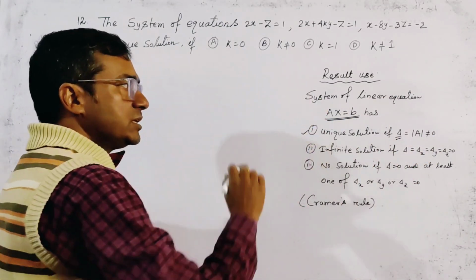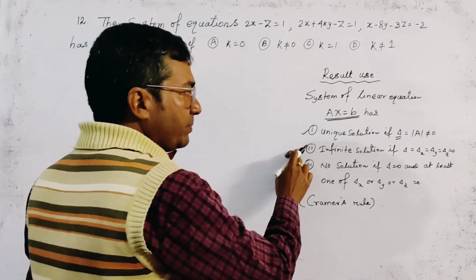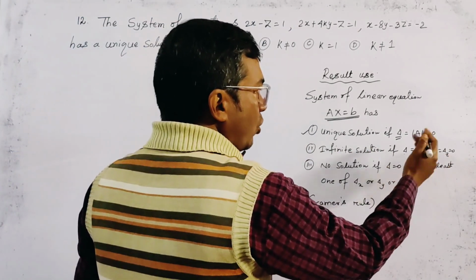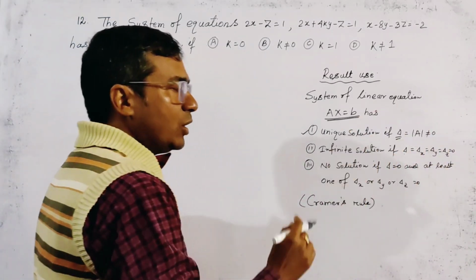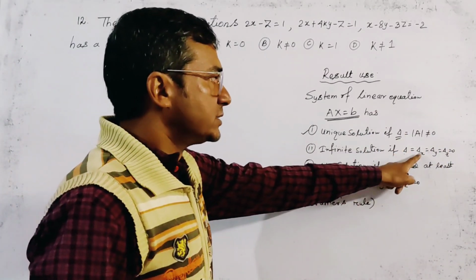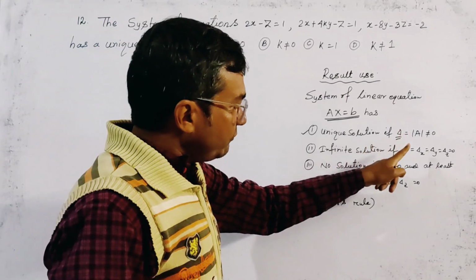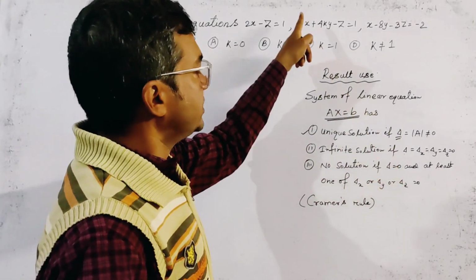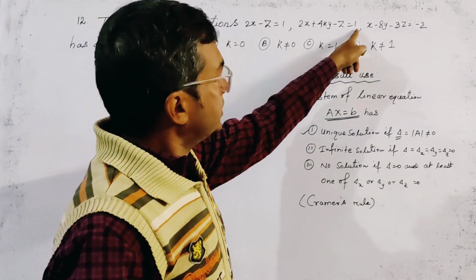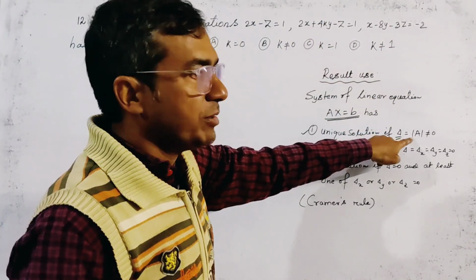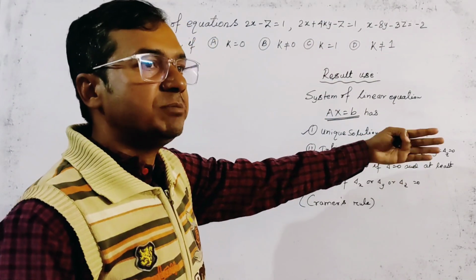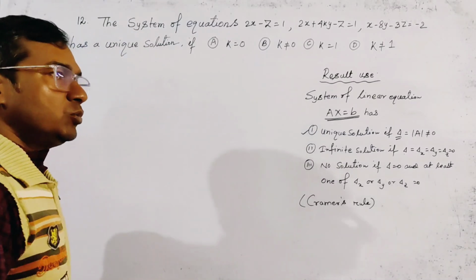In this case the system has a unique solution if delta, and all of the determinants delta x, delta y, delta z. How do we find delta x? Delta x is found by replacing the first column with the coefficients of the constant terms, that is 1, 1, minus 2, in determinant A. We get delta x, and similarly delta y and delta z.